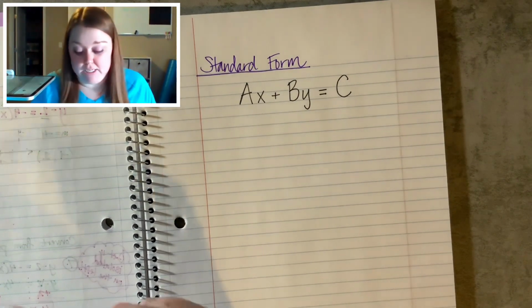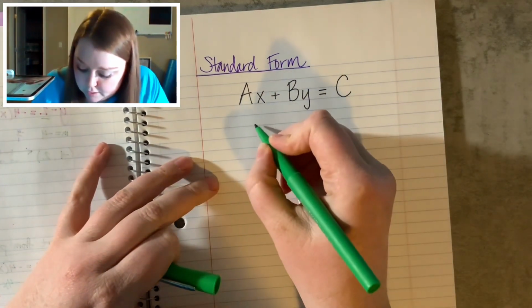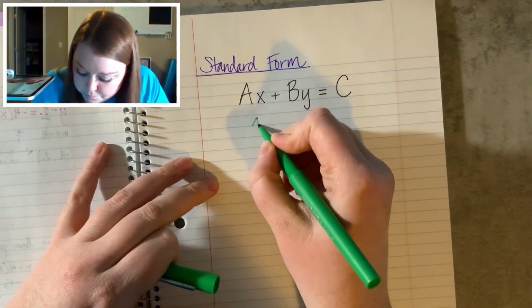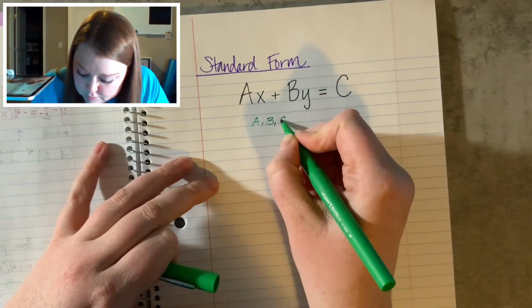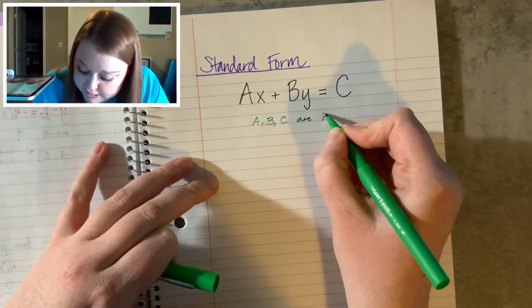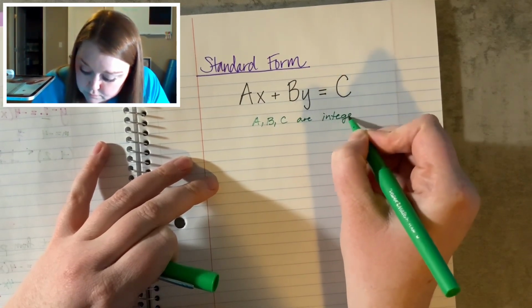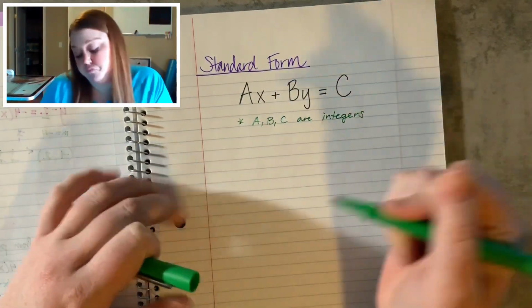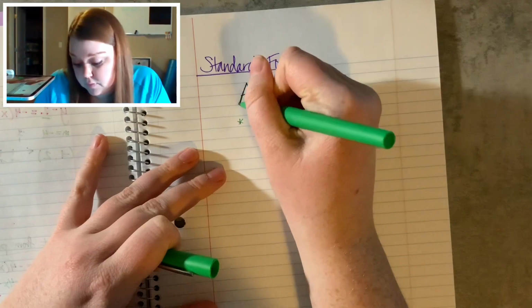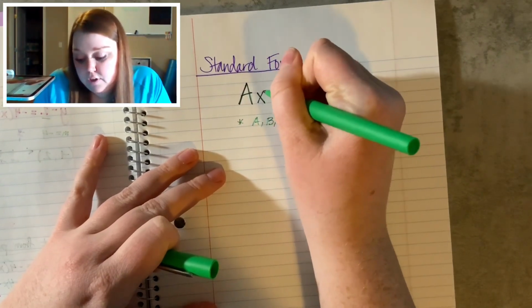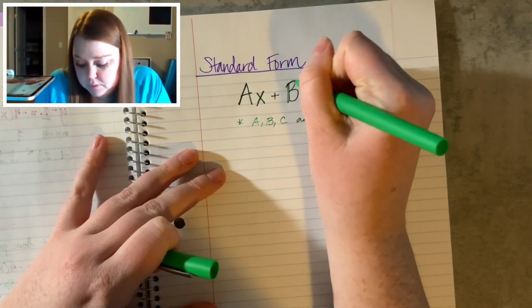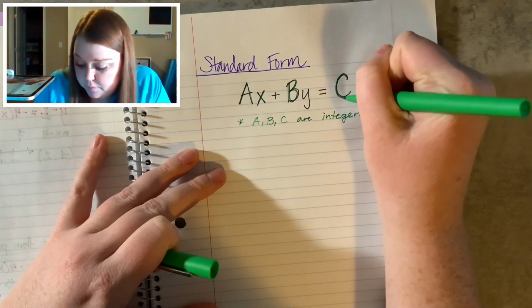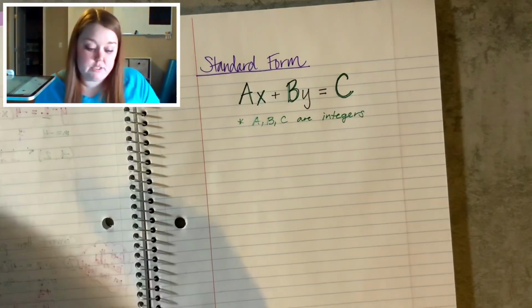What you're going to write right here is A, B, C are integers. Integers are not fractions. Oops, I didn't mean to go over the x, but whatever. A, B, and C are integers.